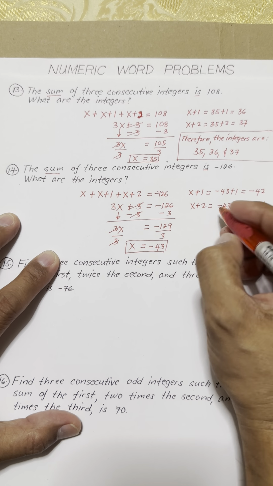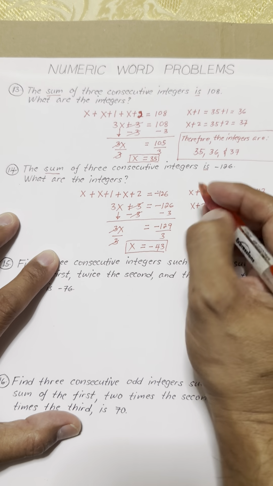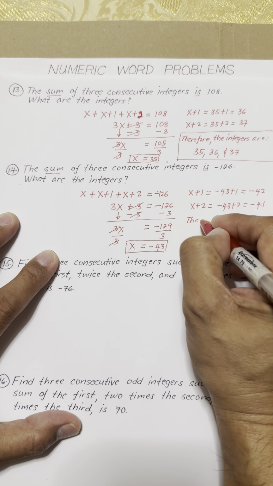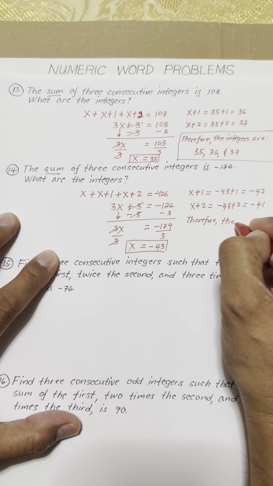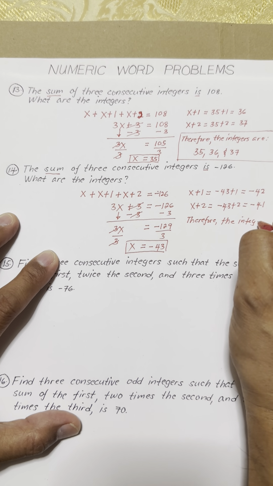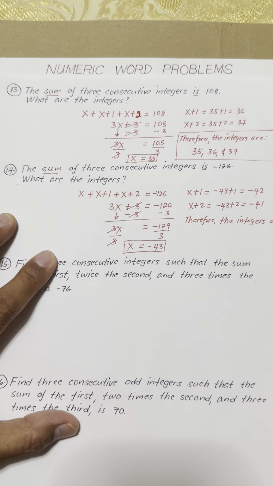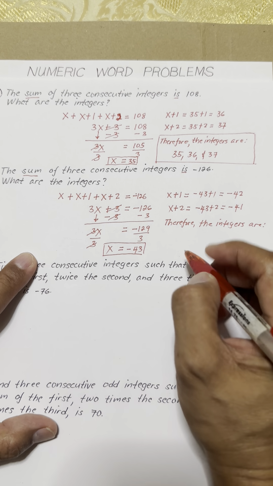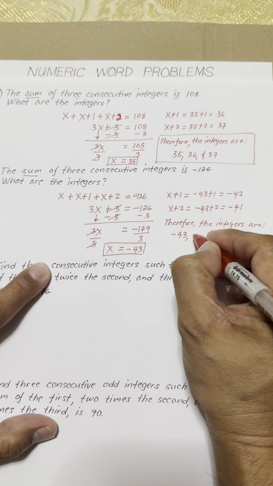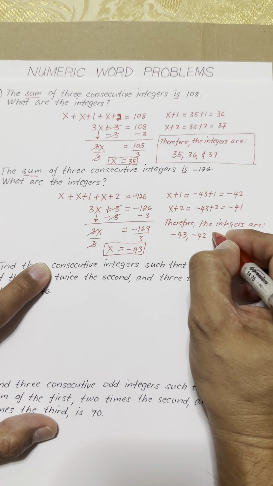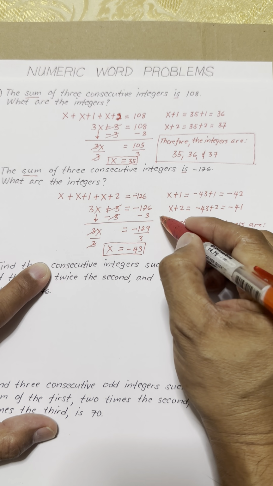So we have here the 3 consecutive integers. Let us answer this question: what are the integers? Therefore, the integers are minus 43, minus 42, and minus 41. So this is our final answer.